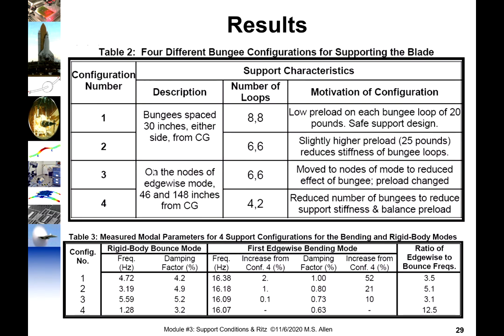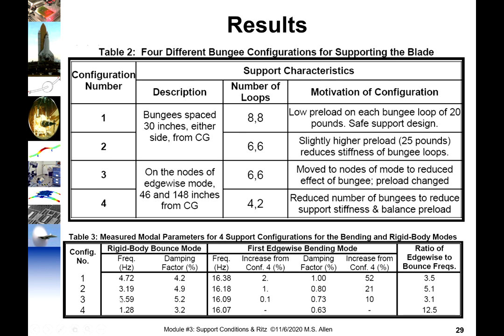So they looked at various configurations, more loops of bungee versus less, to lower that frequency. And here we don't know what the true natural frequency of the blade is. So the best we can do is say, when we minimize everything, what's the lowest frequency that we get for the mode of interest?